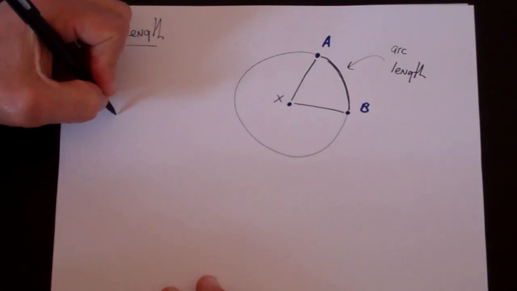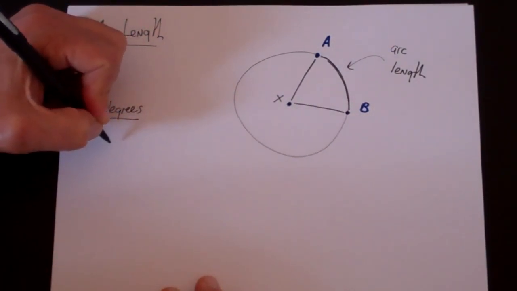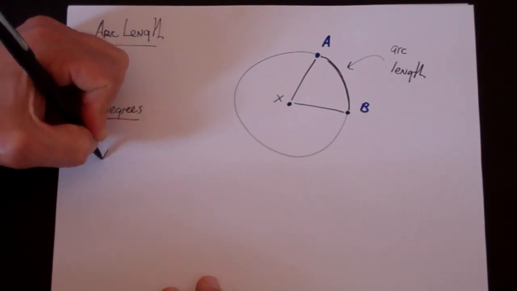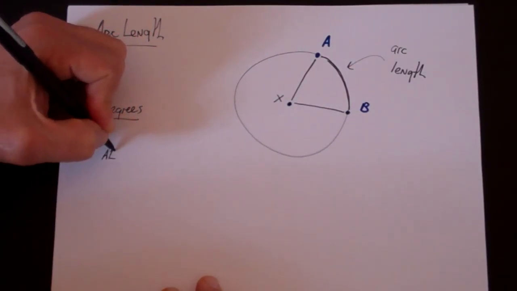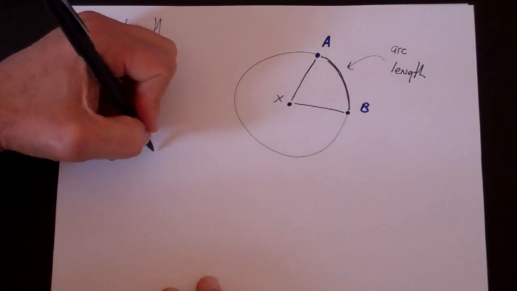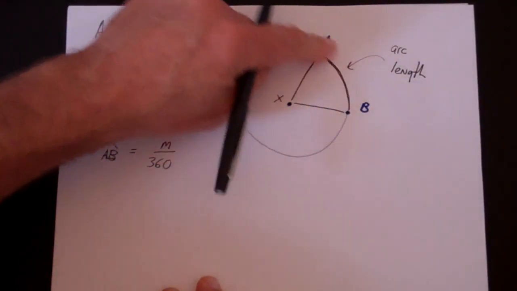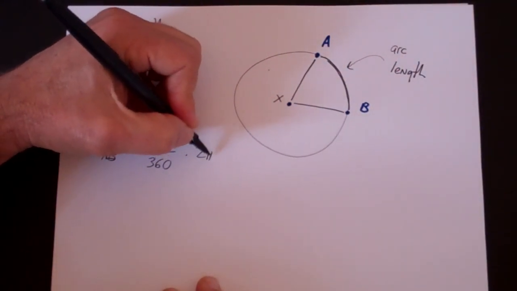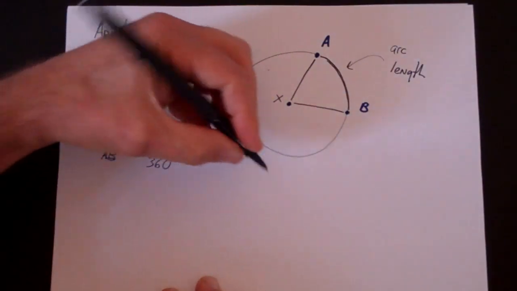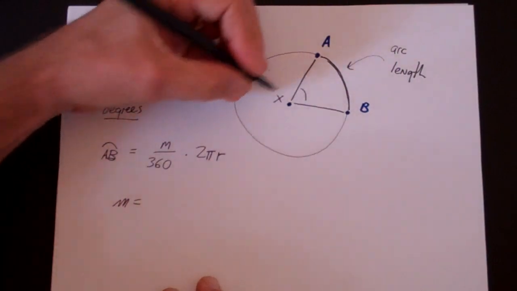And there are 2 formulas that we use. If it's degrees, then we use the formula that arc length is equal to m over 360 times the circumference of the circle. That's 2 pi r, where m is the measure of the angle in degrees.